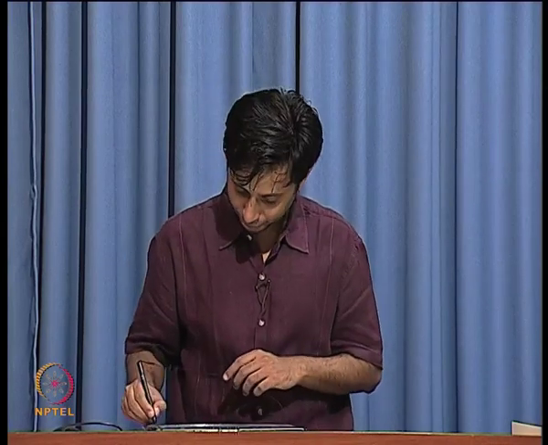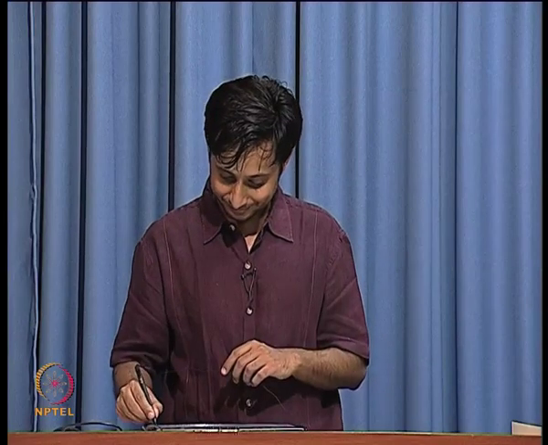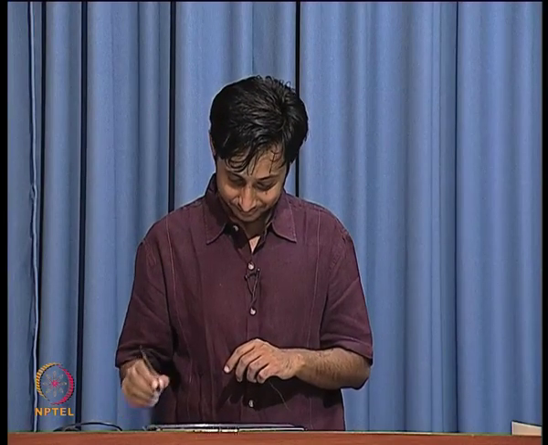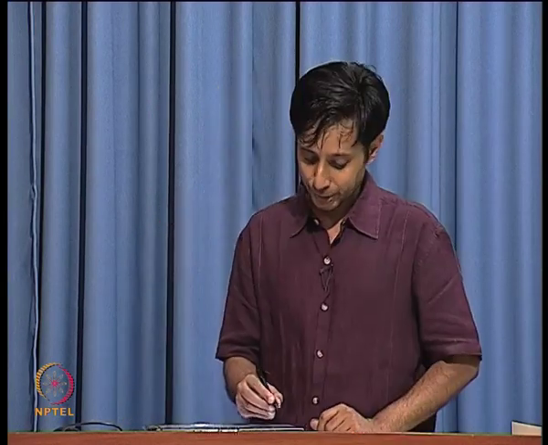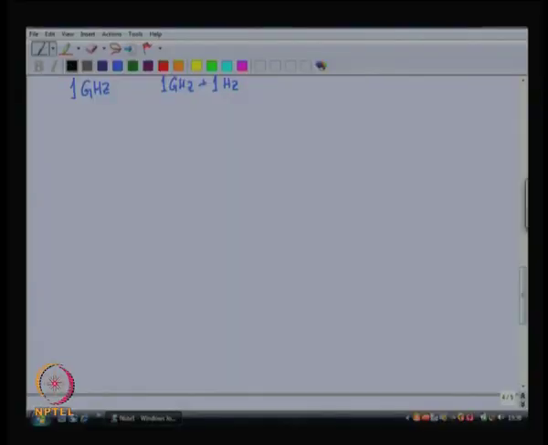Now, unfortunately, we will not be able to start with the low noise amplifier right away. Before we can start with the low noise amplifier or the power amplifier or any of the subsequent topics, we need to ramp up with the tools that are needed to understand these concepts.